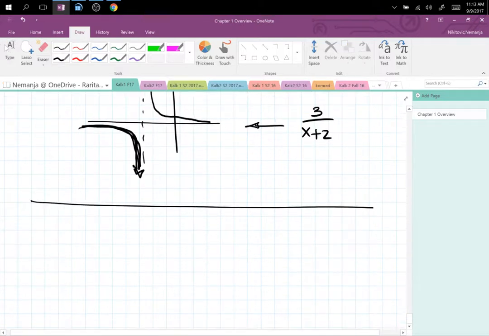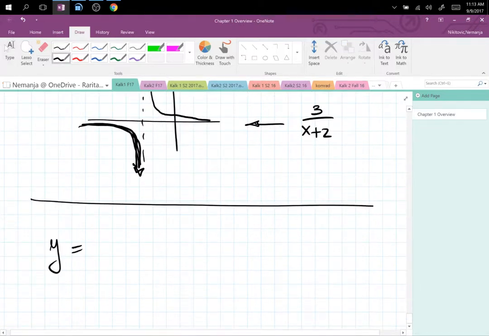Let's try y equals square root of 3 minus x, let's say. This one is a bit tricky.